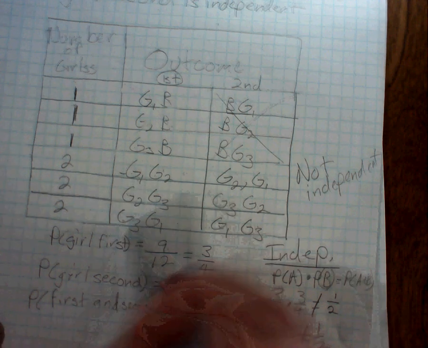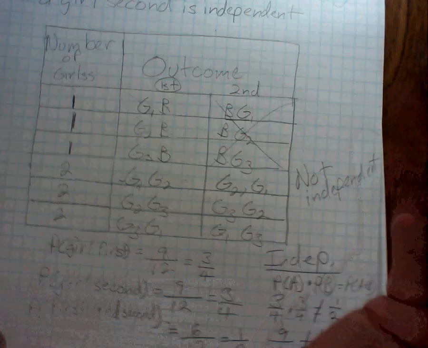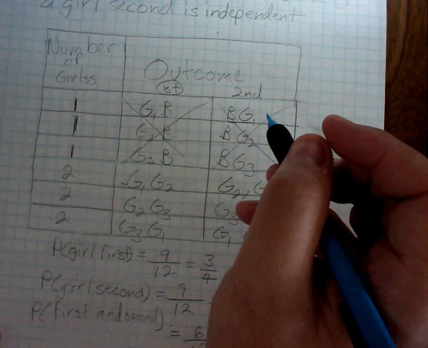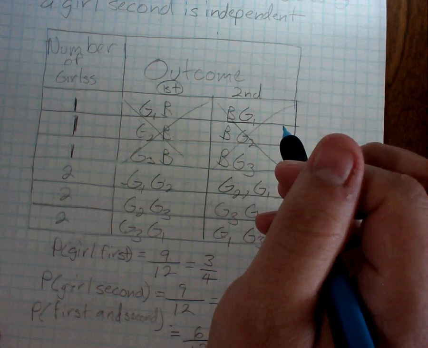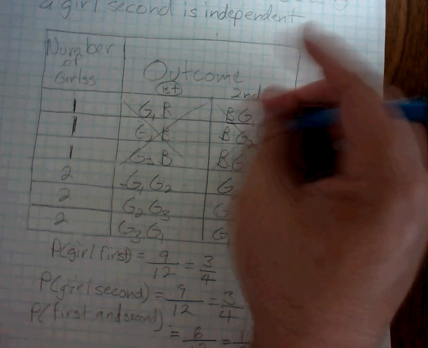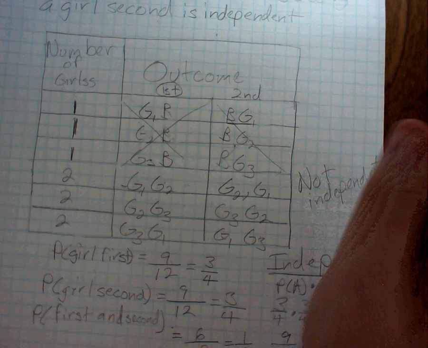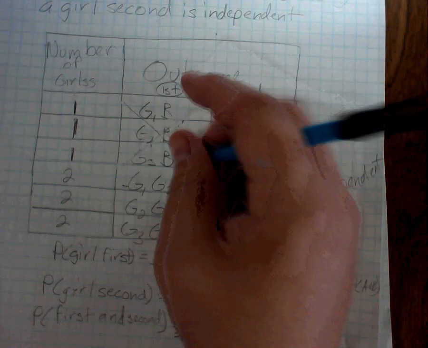And the second, oh wait, let me think this through. No, I had it right. The second given the first is a girl. Yeah, I had it right the first time. Wait, given that the first is a girl. No, I've got to think this through.